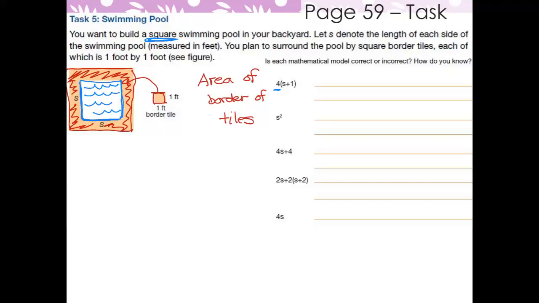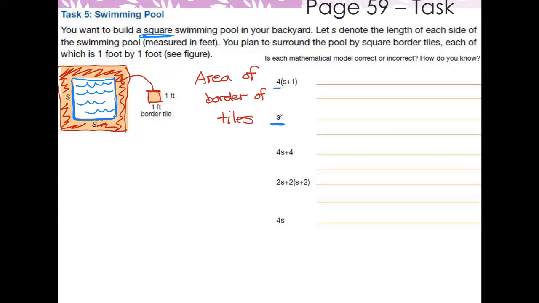You keep working on that. I'm going to direct you to s squared. Where do you see a side that is length s? Right here, right? This is s, and this is s. So s squared is talking about the area of this square.